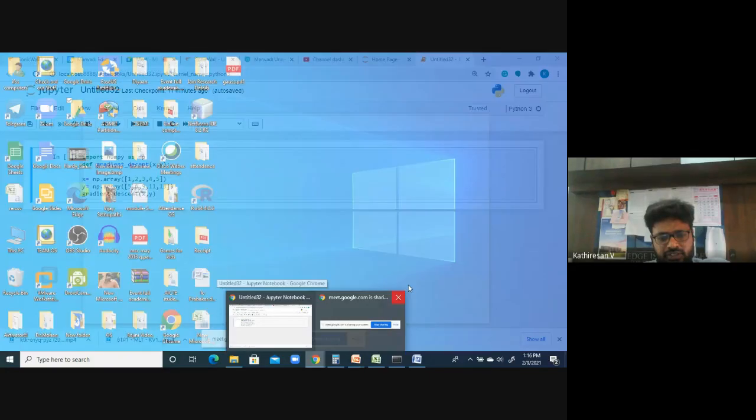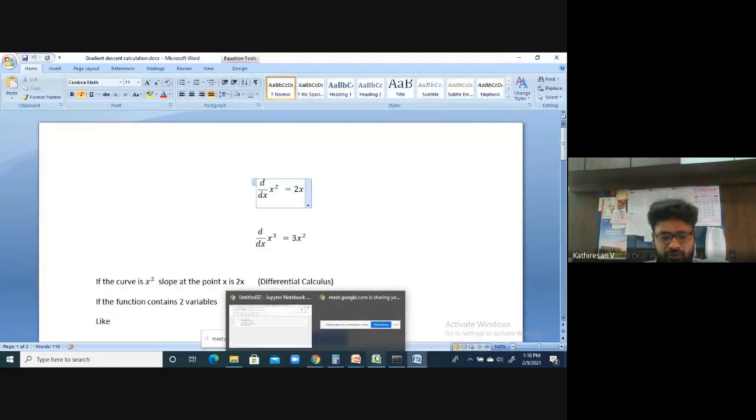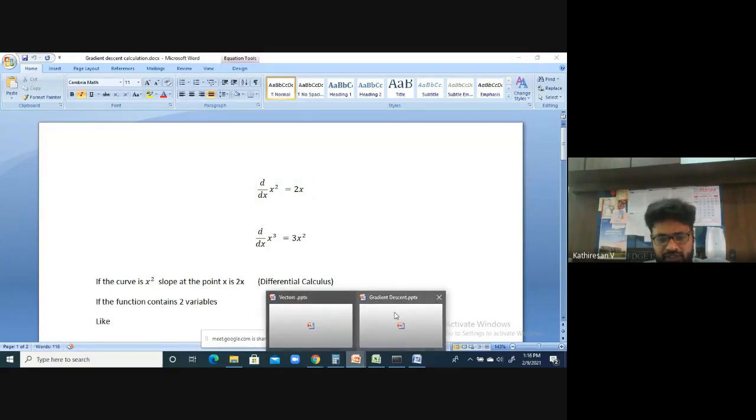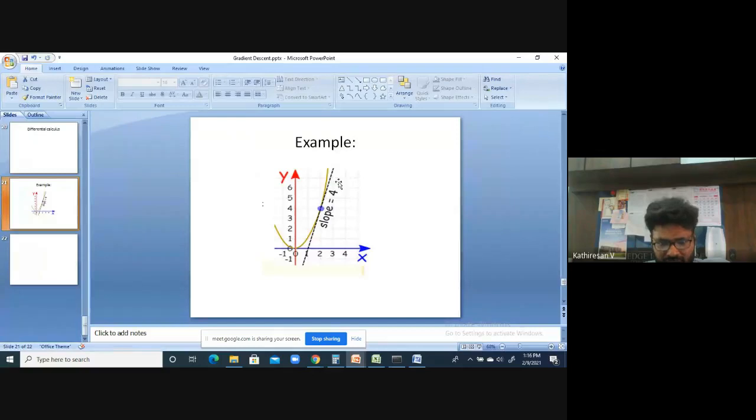X square is the expression for a parabolic curve, that everyone knows already. So consider this x square curve, the parabolic curve.